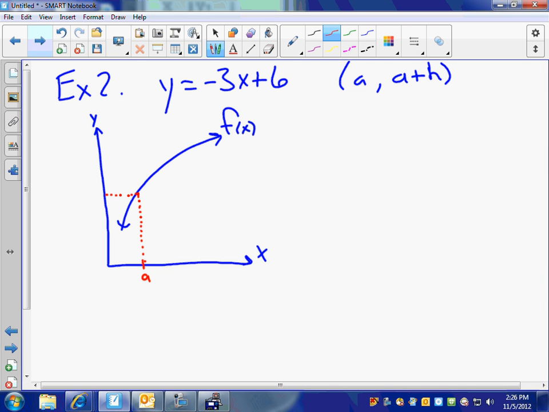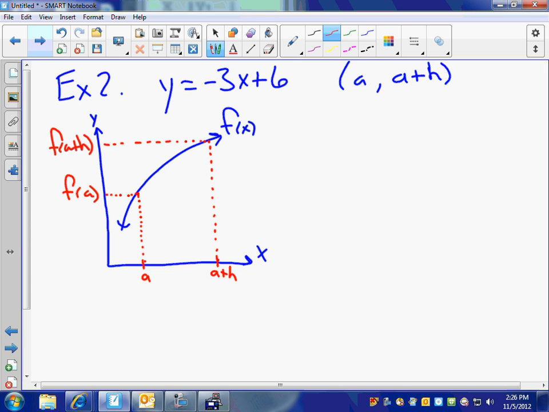You tell me, what is my y value? F of a. My second point is a plus h. So my y value would be f of a plus h.